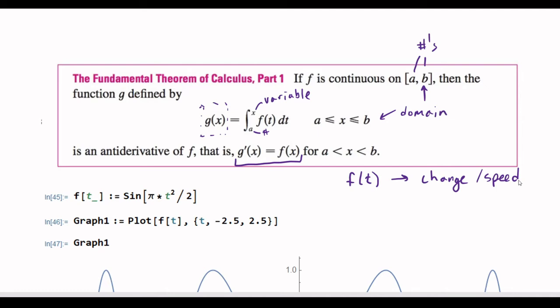I know how a car is moving over some time period. So what does that tell me? Well, this theorem is telling you that if you know how a car is changing speed over time, you can actually construct its position over time.